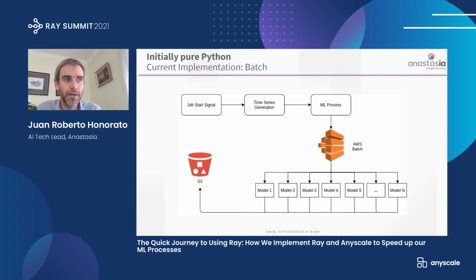This service runs Docker images, and we would run one EC2 instance for each model type. So we would end up with the output of all of those fed and saved into S3.